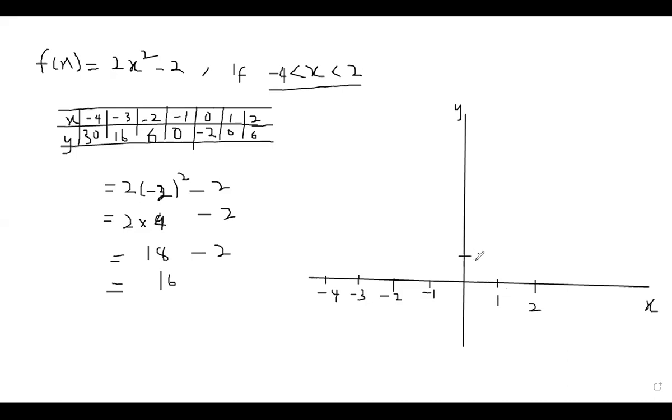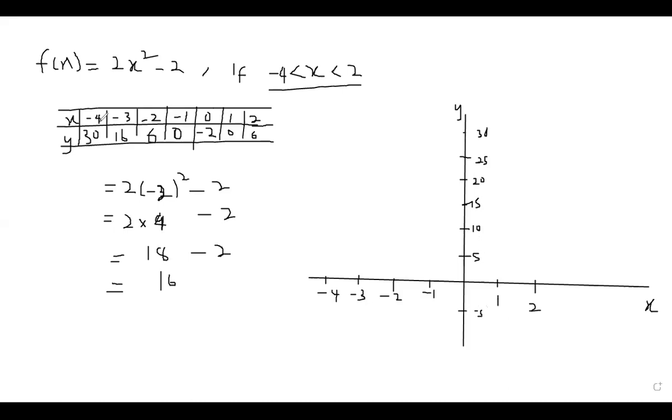So that will be 5, 10, 15, 20, 25, then we have 30. Then on this side we have -5. Okay. Then let's plot our points.